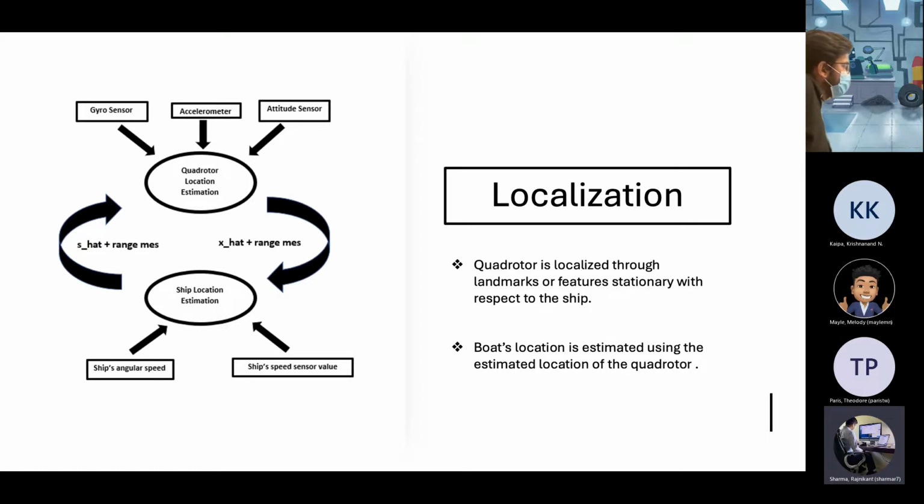We're supposing that we have the ship's angular speed, which is omega in 2D. Also, we have the ship's speed sensor value, which is the linear speed. The ship is also localizing itself from the range sensor value from a landmark that is placed on the quadrotor. All of this is happening simultaneously.